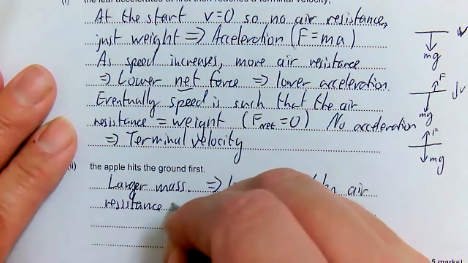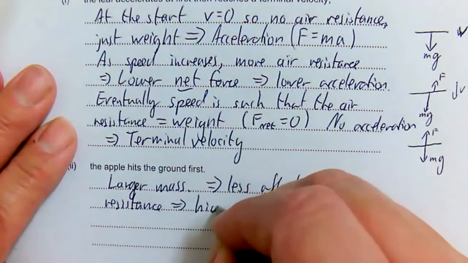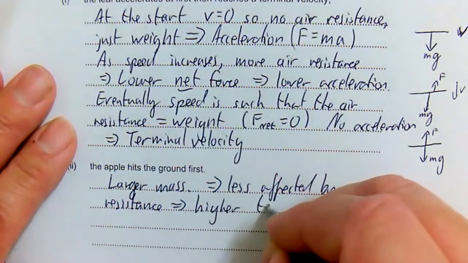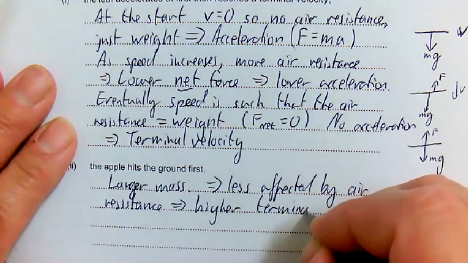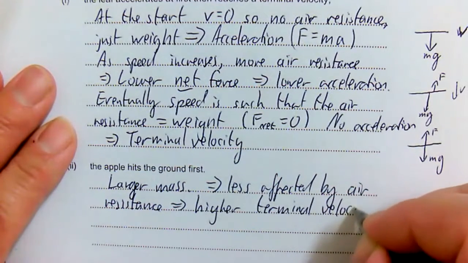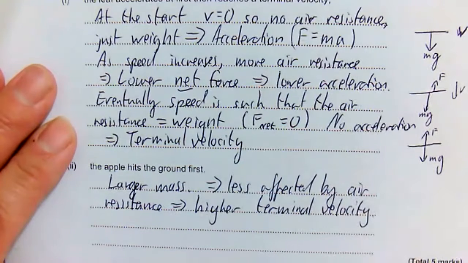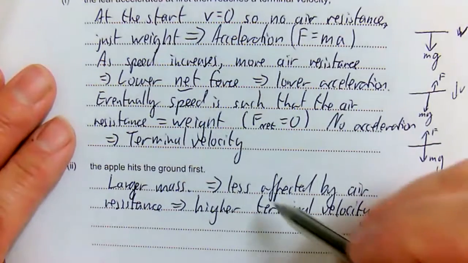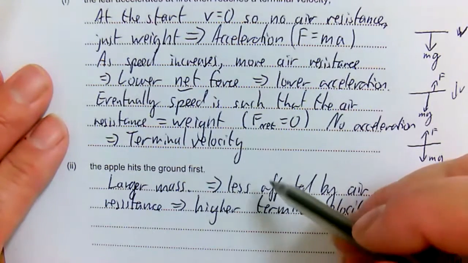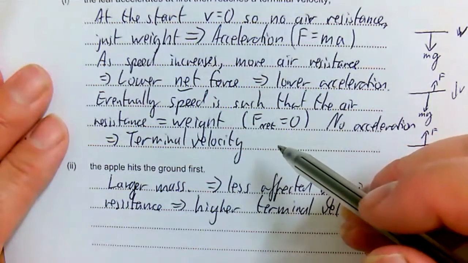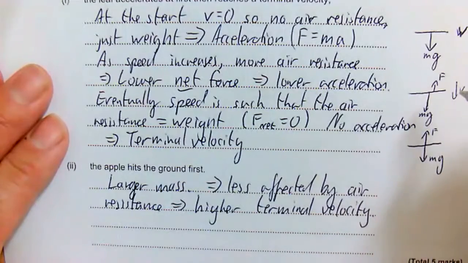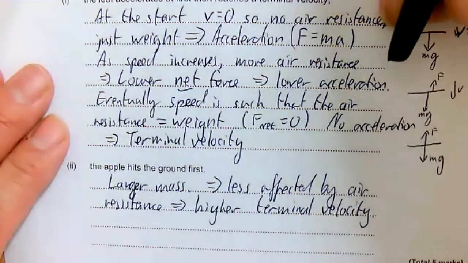Because it's less affected by air resistance, it's going to have a higher terminal velocity. And that's the basic idea behind that terminal velocity question. So it's using Newton's laws of motion, but what we're basically saying is that we're looking at the net force caused by the weight and the air resistance.